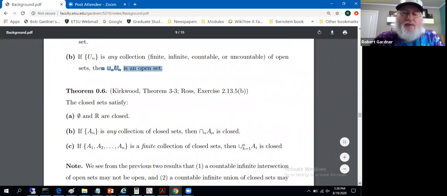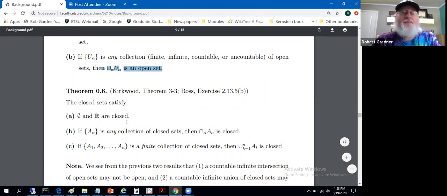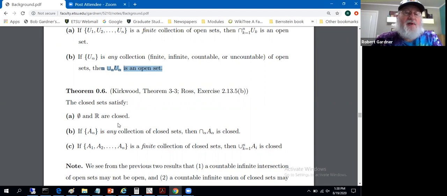The closed sets satisfy the following. The empty set is closed. The real numbers themselves form a closed set. Actually, both of these are open sets as well. If we take any collection of closed sets, then the intersection is closed. If we take a finite collection of closed sets, then the union is closed.